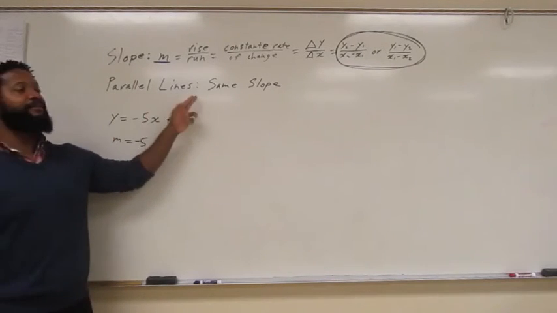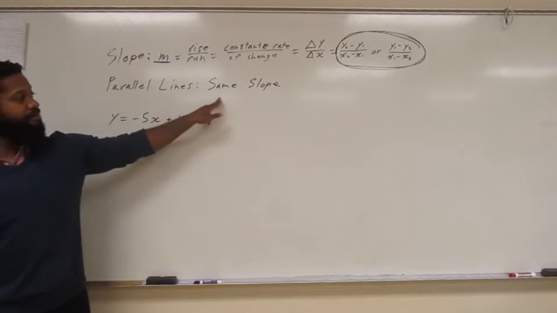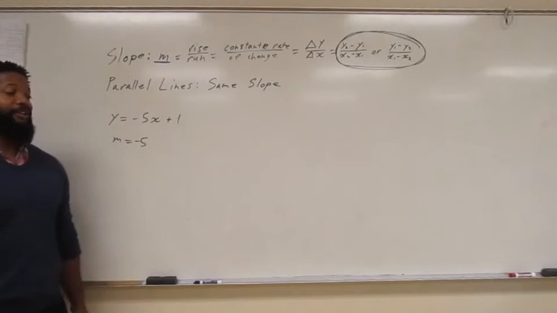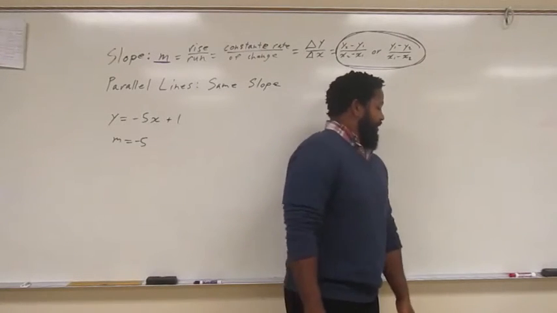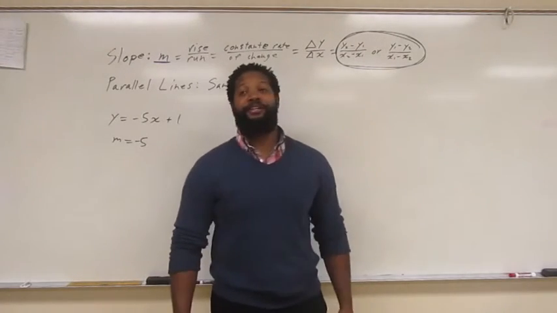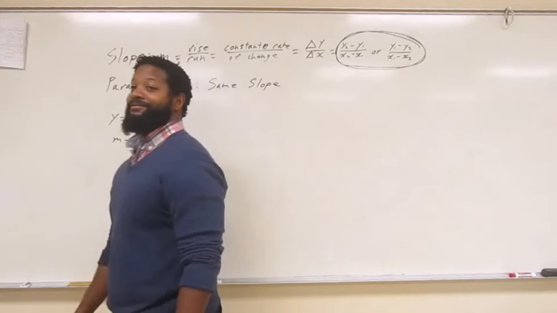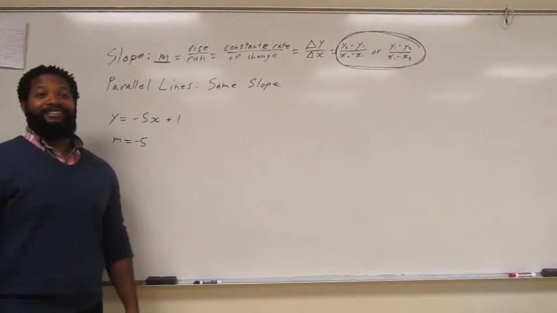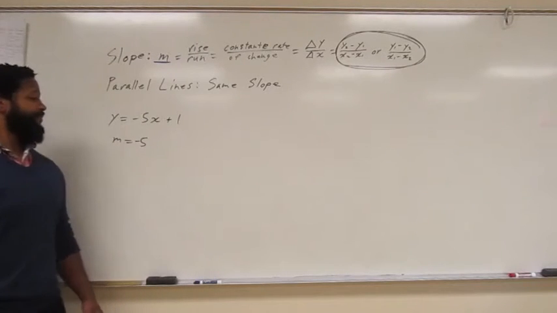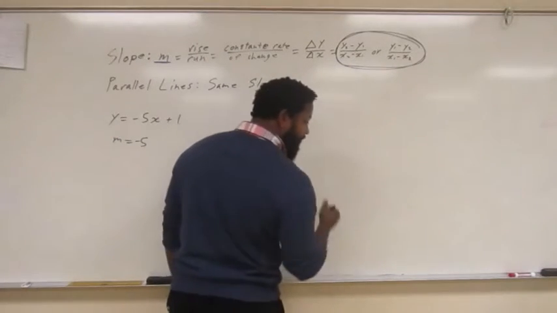Parallel lines have the same slope. So actually, if you really think about it, 5 through 8 are a bunch of freebies, because all you're doing is just stating the slope. That's it. 5 through 8.